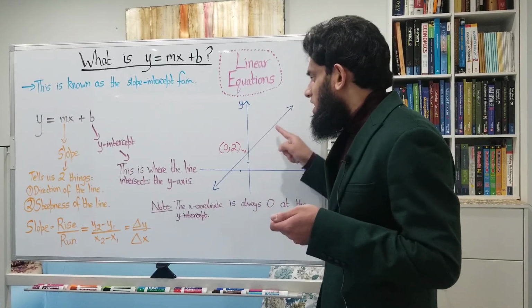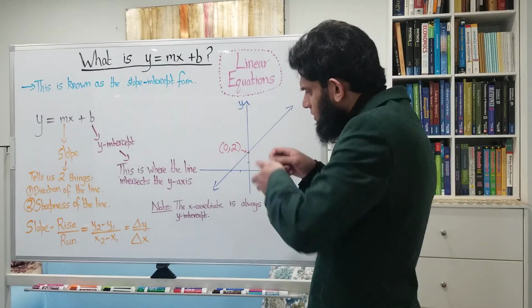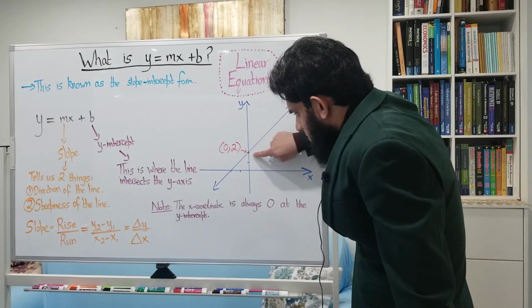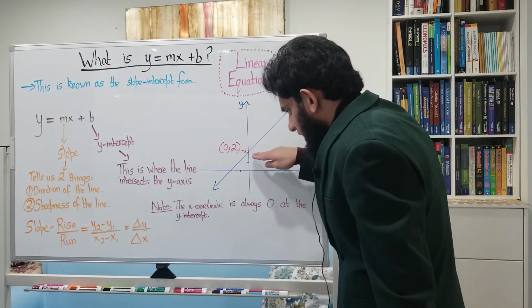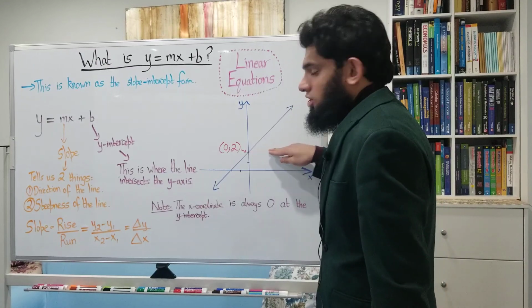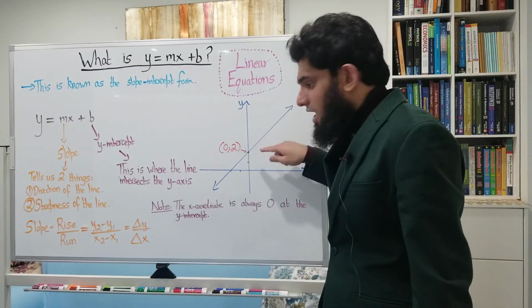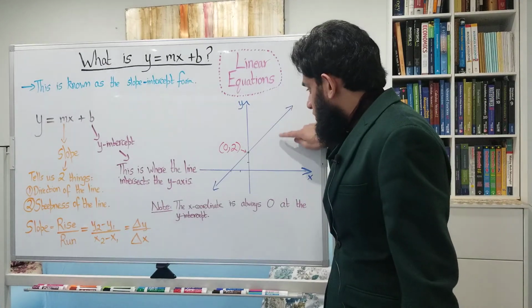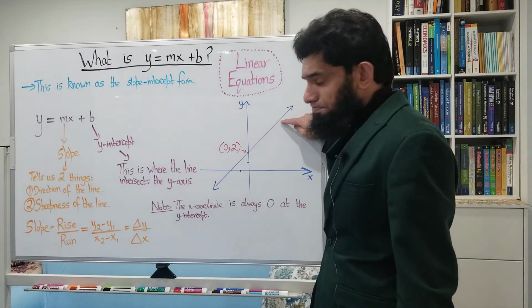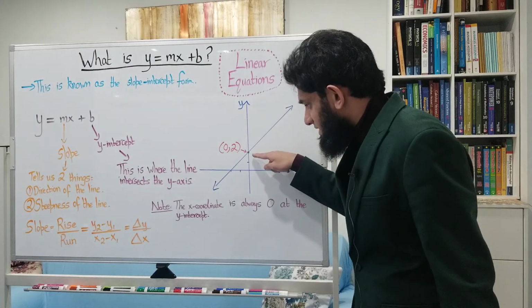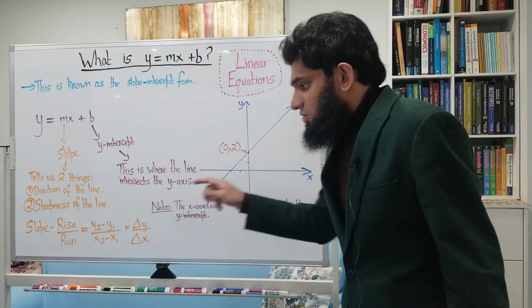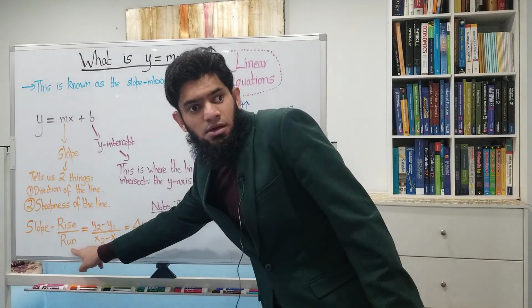When I compare those 2 points, I'm going to have to travel some distance in the horizontal direction to arrive at that point, and I'm also going to have to travel some distance in the vertical direction. Now, the distance that I travel in the horizontal direction is known as run, right?